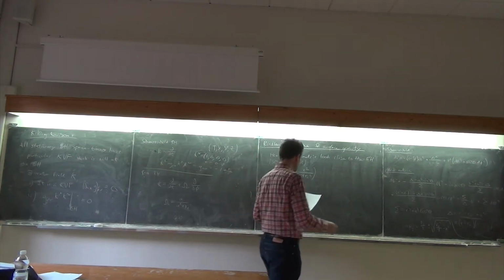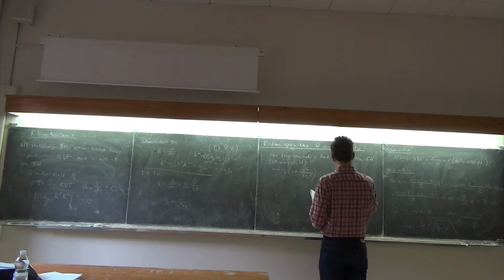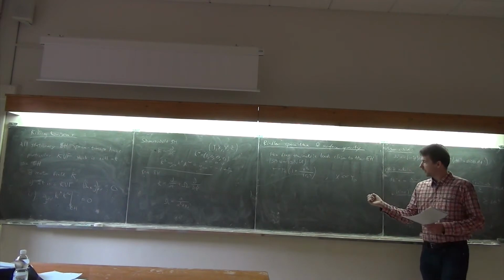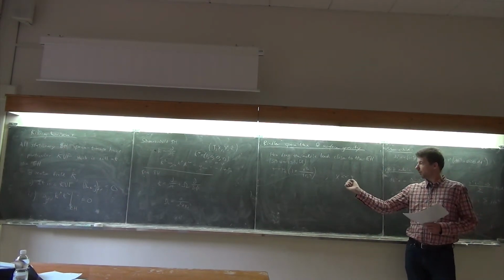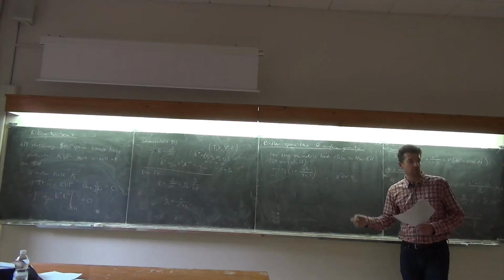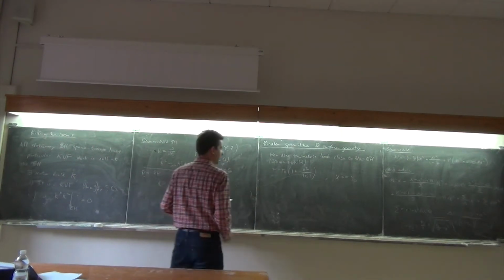And this looks strange, but I hope it will become clear why I chose this coordinate. And then we want to look at when x is very small with respect to r0. So this is what defines to us being close to the horizon.